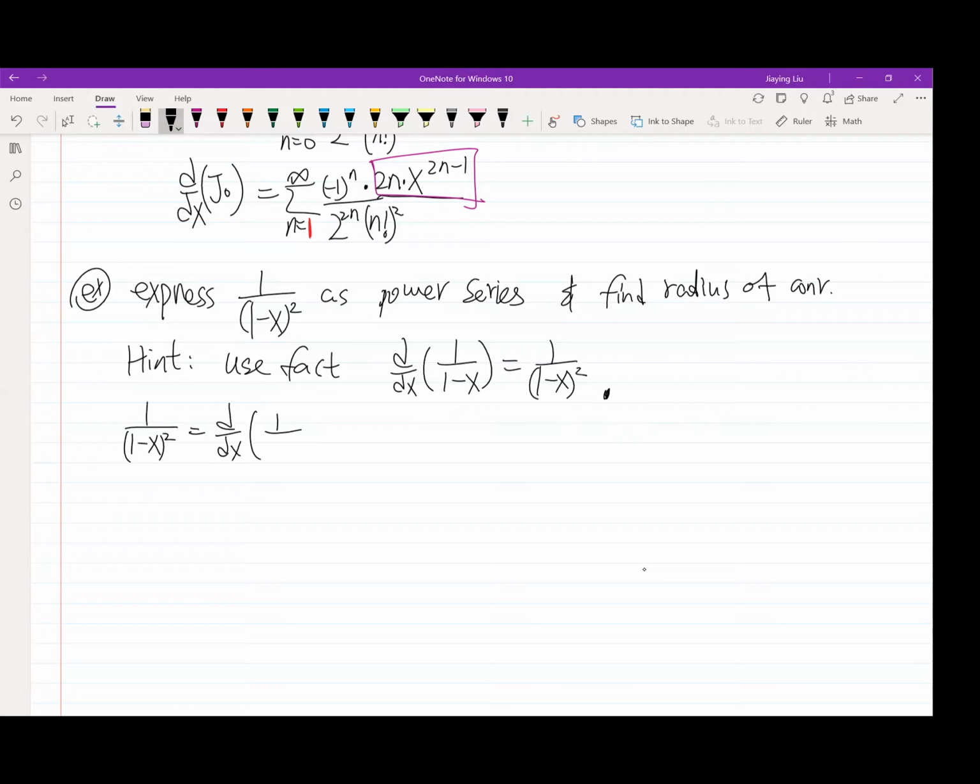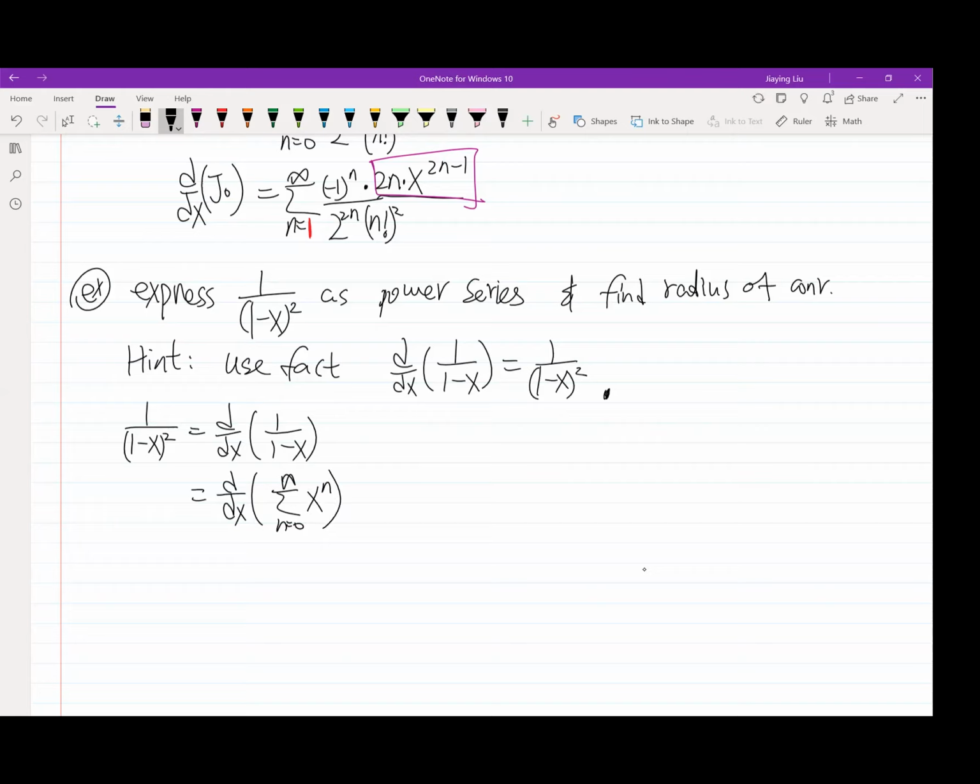d/dx of 1 over 1 minus x, we can just take the derivative of 1 over 1 minus x. That's a power series. That's a sigma n from 0 to infinity, x to the n. Right?